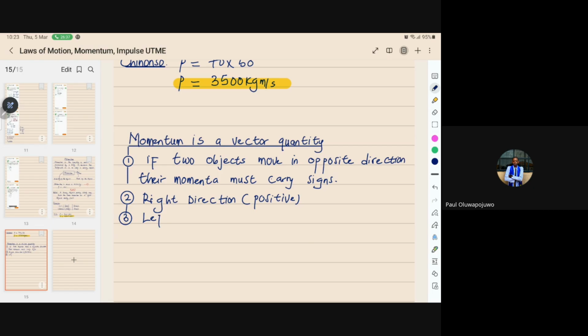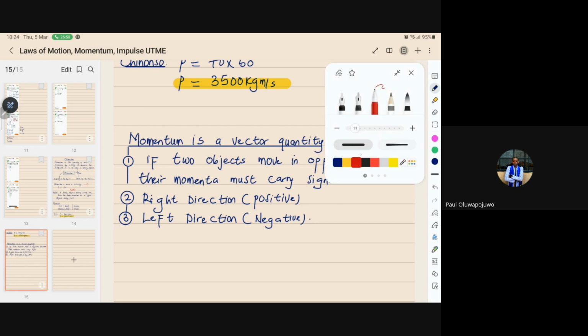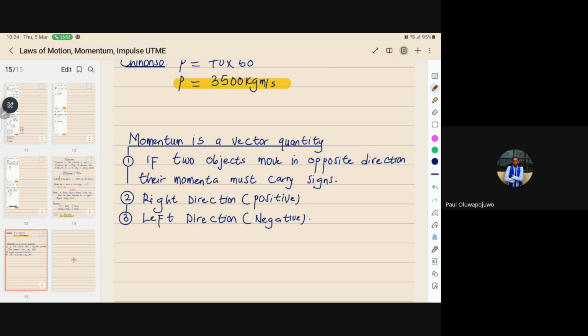So the left direction is negative, right? And why am I saying all of these things, guys? I'm saying this because it becomes important in collision questions.